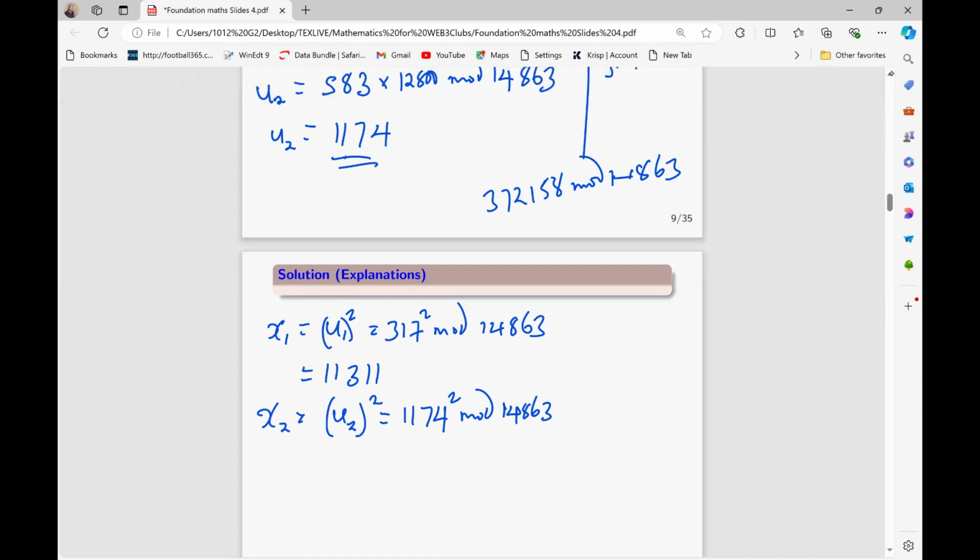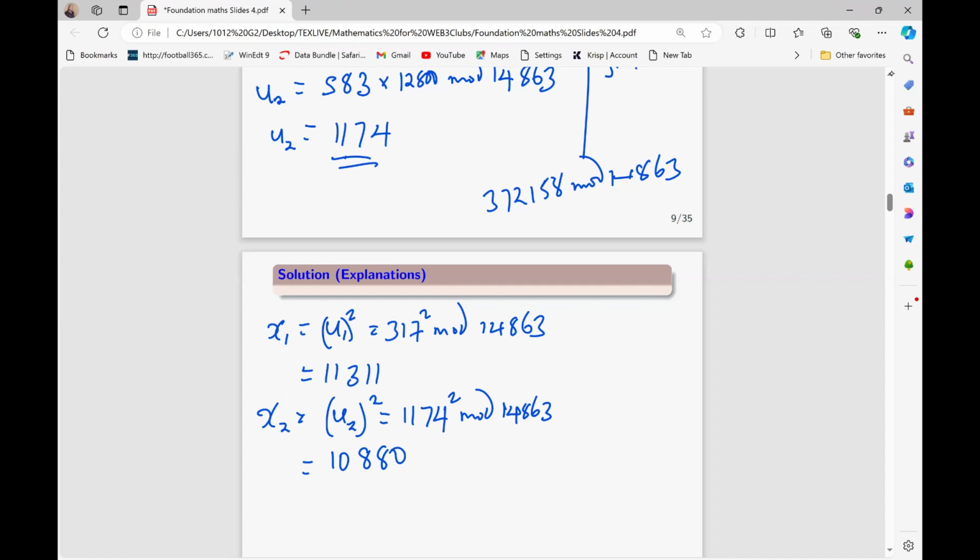So let's just square that. 1174 times 1174, and then divide by 14,863, goes there 92 times. And what is the remainder? The remainder is 10,880.